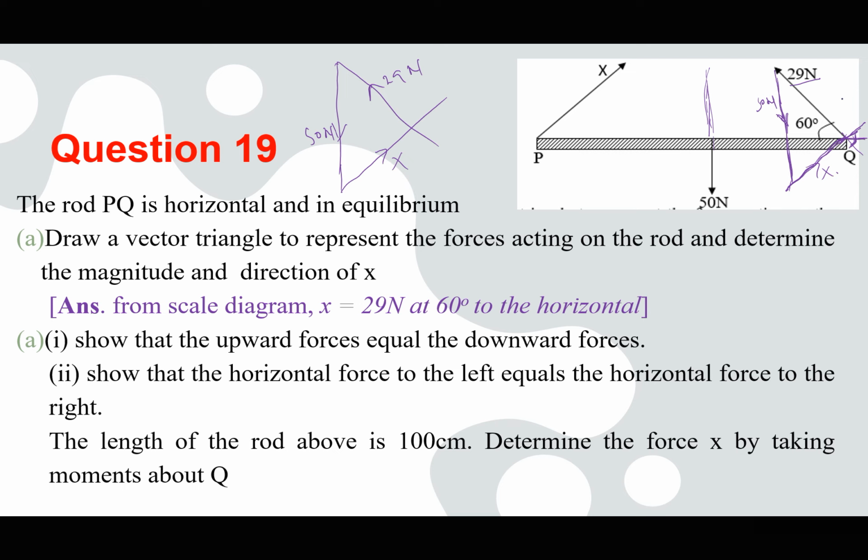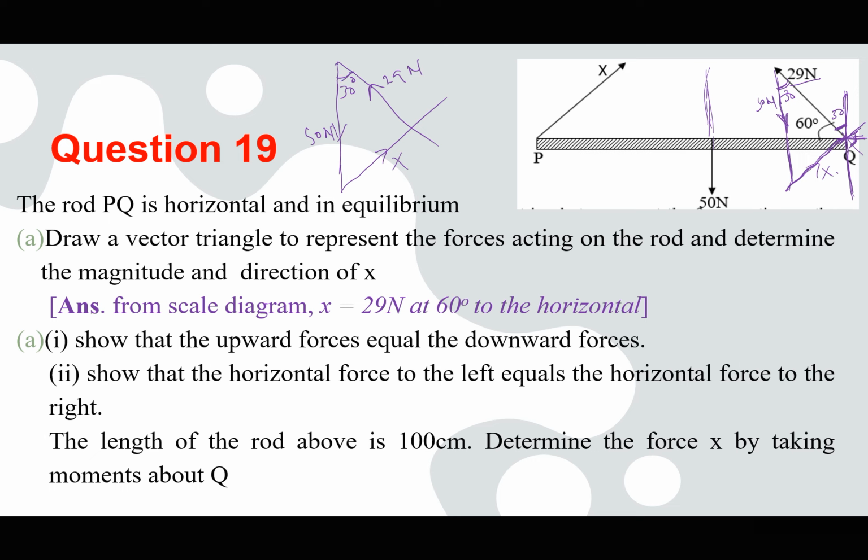If I draw a vertical line here going downwards, this angle here is going to be 30, and this angle here is the same as this angle, so this is 30. Remember, a vertical line makes 90 degrees with the horizontal. So if this is 60, the other one is 30. Therefore, this angle here is the same as this one, so this angle is 30.